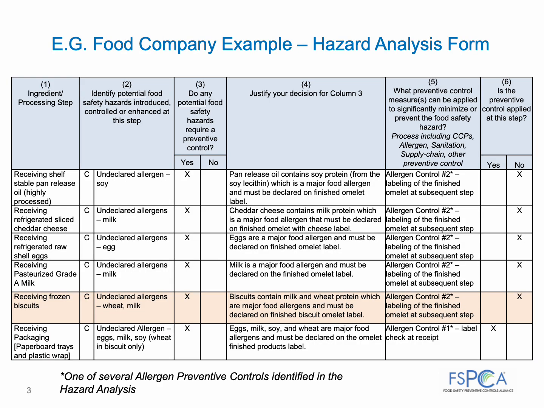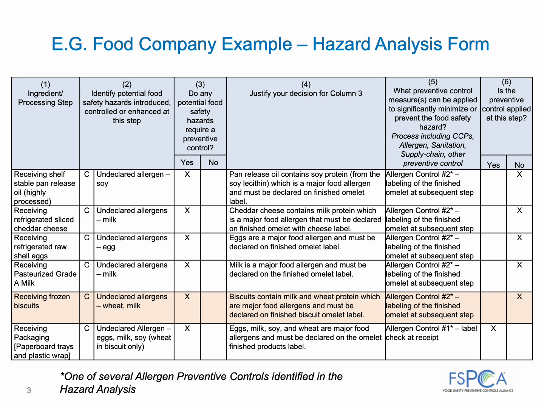Chapter 6, Hazard Analysis, and Chapter 7, Preventive Controls Determination. Describe the process of evaluating food allergen hazards to determine the allergen preventive controls that are required to be included in the food safety plan.